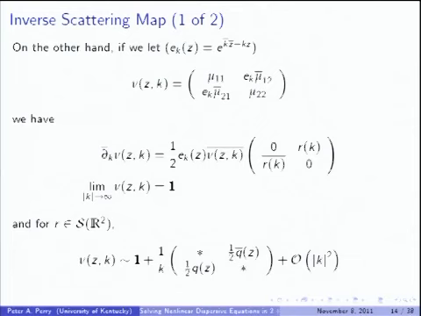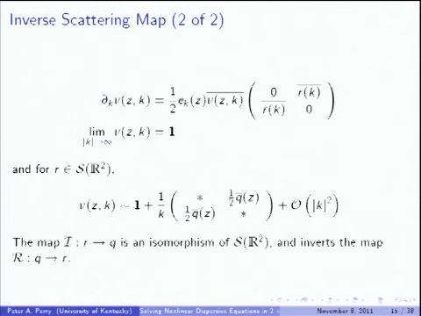And the way that one extracts the potential, again, is to look at the large k behavior of this function and look at the first non-trivial term in the expansion. And that recovers q. So again, this is the d bar problem in k. There's really, in 2 dimensions, a beautiful symmetry between the direct and inverse problems. They have exactly the same structure, which is very different from 1 dimension. And this defines the inverse map.